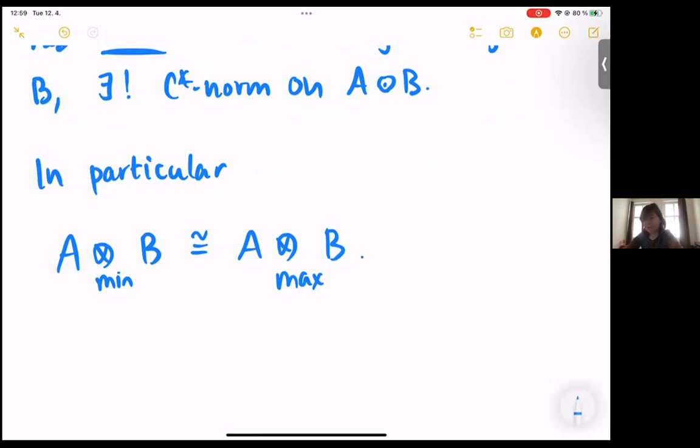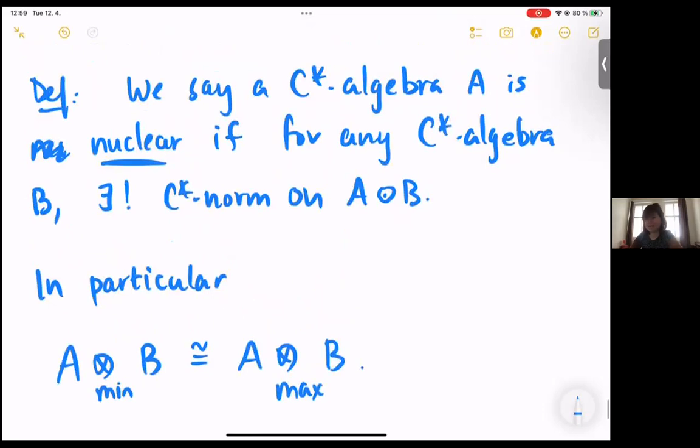And these are particularly nice because now we can use, for example, the universal property of the maximal tensor product, but we can also use the fact that the minimal tensor product has good preservation of properties. So these are a very well studied class of C-star algebras.